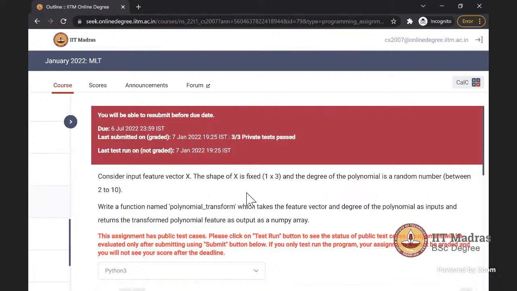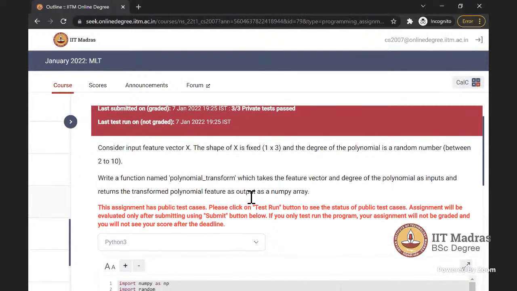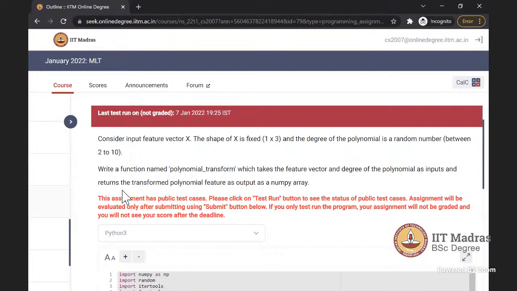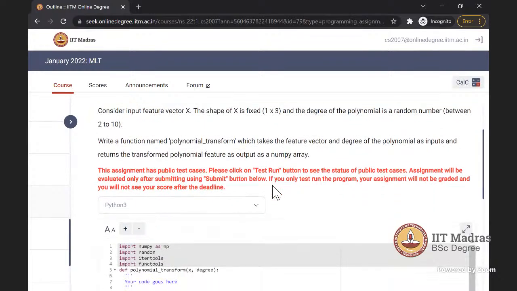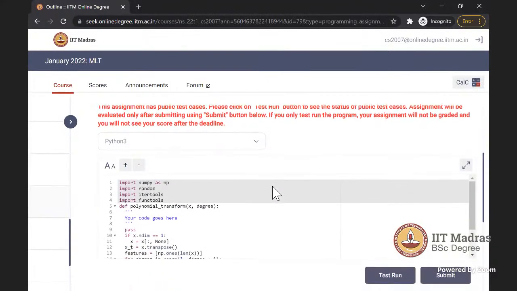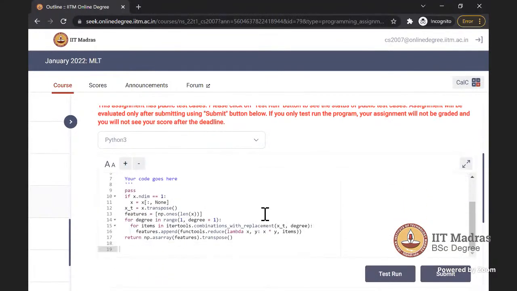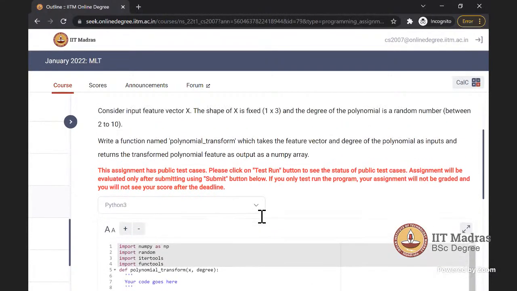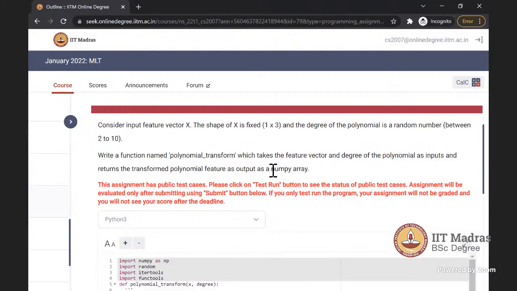Write a function named polynomial transform, which takes the feature vector and the degree of the polynomial as inputs and returns the transformed polynomial feature as the output as an NP array. I have already written the answer to it, but without looking at the solution code, do you have any queries about it? Did you face any problem when you tried to solve this one?